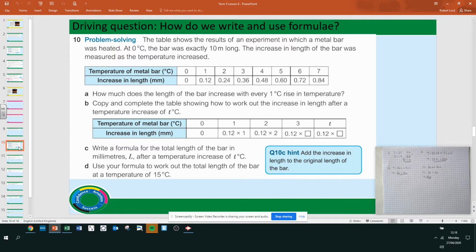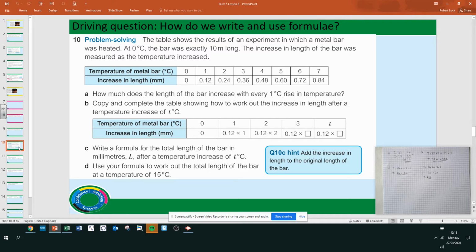Temperature of the metal bar in degrees Celsius: 0, 1, 2, up to 7, and increase in length in millimeters. So 0, 1 degree Celsius is 0.12, 2 degrees is 0.24, 3 is 0.36, 4 is 0.48, 5 is 0.60, 6 is 0.72, and 7 is 0.84.